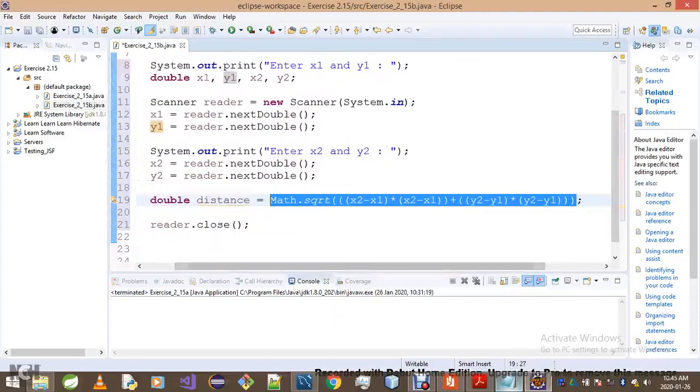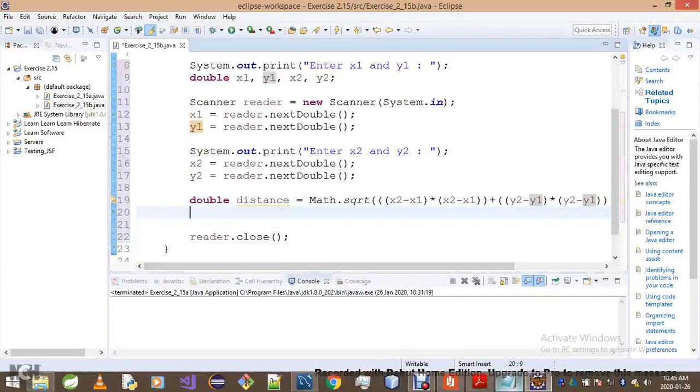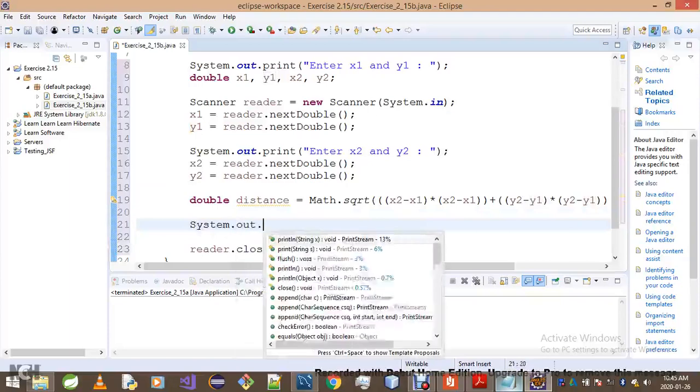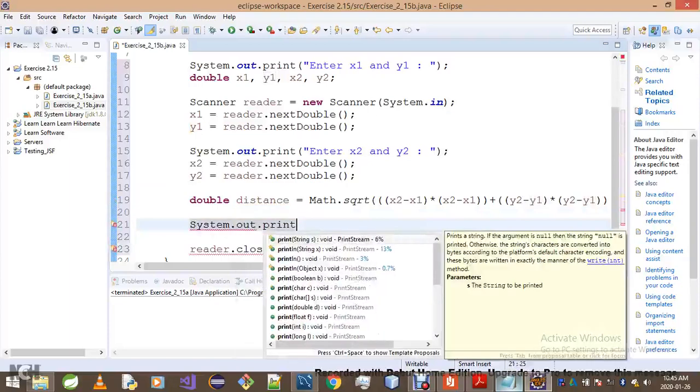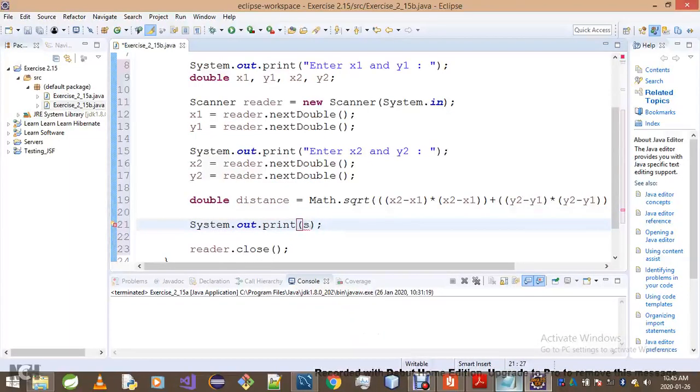Of course, it's a matter of taking a choice or perhaps making one. System.out.print the minimum. In fact, it's the distance.